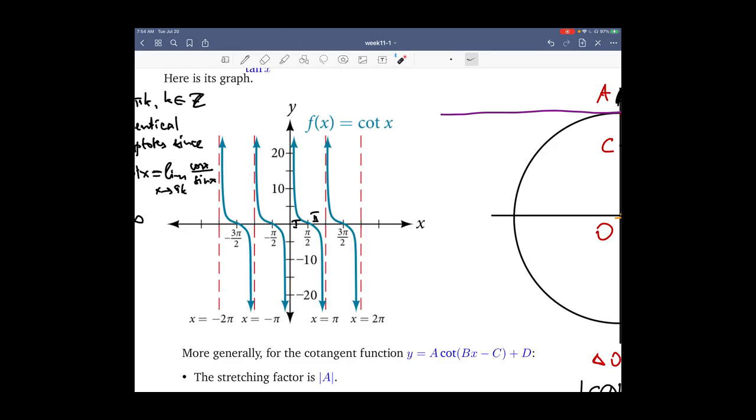There's one thing that I want to note is that in principle the shape of cotangent is the same as that of tangent.